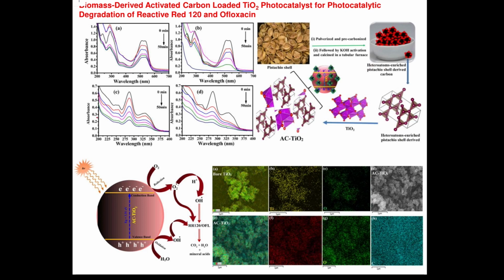So activated carbon was prepared from pistachio shells, and we burned these shells at 450 degrees for 3 hours, and used that black powder, and we treated it with KOH to activate it, and after that we calcined it at 800 degrees Celsius for 3 hours.